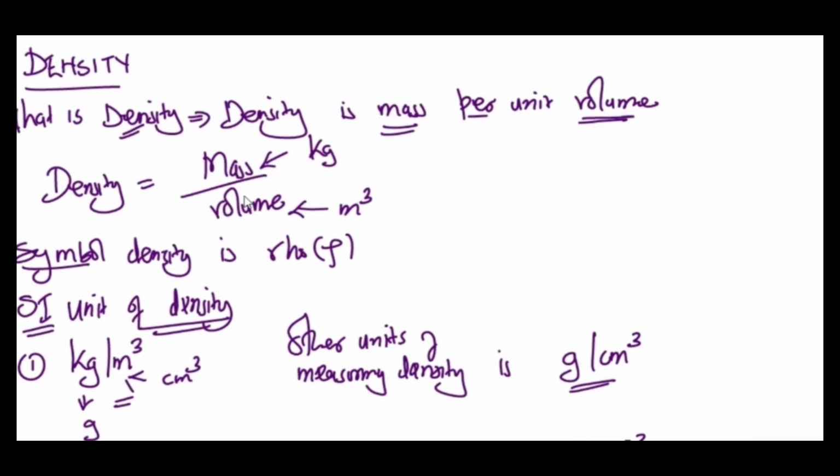Density is the mass per unit volume. The formula for density is mass measured in kilograms over volume measured in cubic meters. The symbol for density is rho. The SI unit is kilograms per cubic meter, and another unit is grams per cubic centimeter.